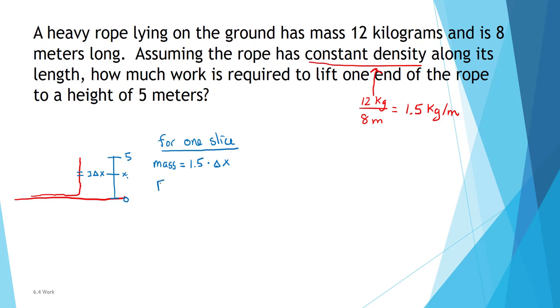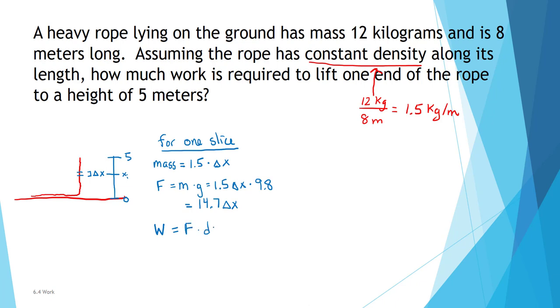The force on that section of rope is mass times gravity, which is 1.5 delta x times 9.8 meters per second squared, which gives me 14.7 delta x.